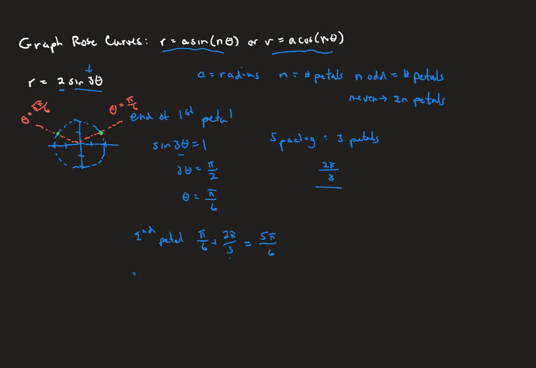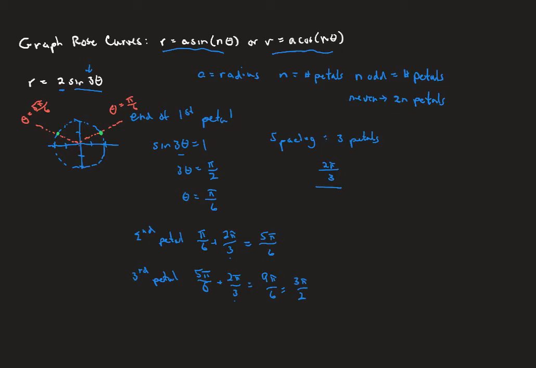So then for the third petal, I'm going to add another 2 pi over 3 to the last one that I had. So there's the 5 pi over 6 plus another 2 pi over 3. And since 2 pi over 3 is 4/6, that's going to give us 9 pi over 6, which is going to reduce to 3 pi over 2.